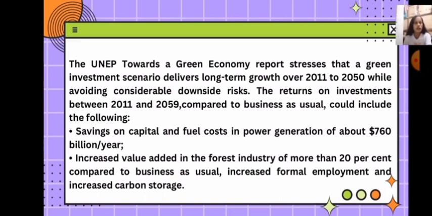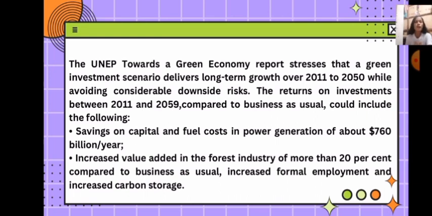So it is said that the returns of the investment between 2011 and 2050 compared to business as usual could include the following. Within that duration, the return on investment should be higher compared to business as usual.